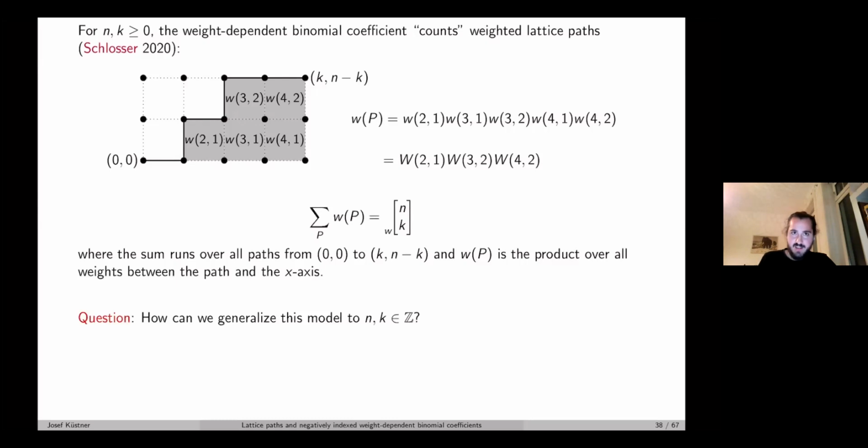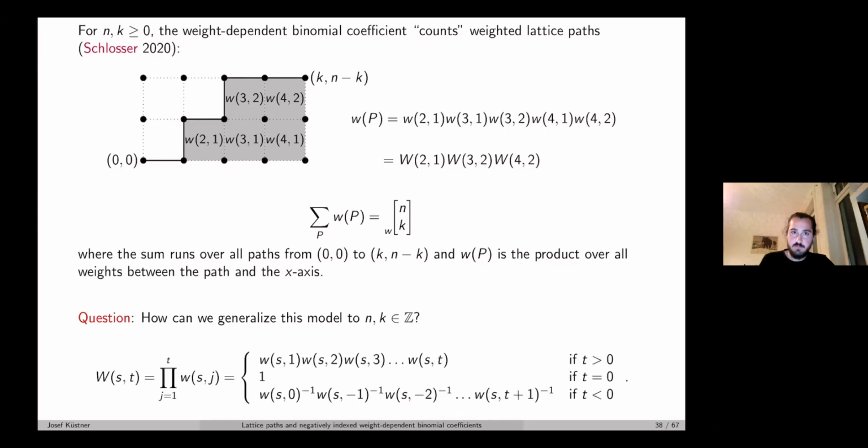And now we again ask this question, as always: how can we generalize this model to n, k integers? One key observation is that for the big weights, we can do this extension for the definition of the product.